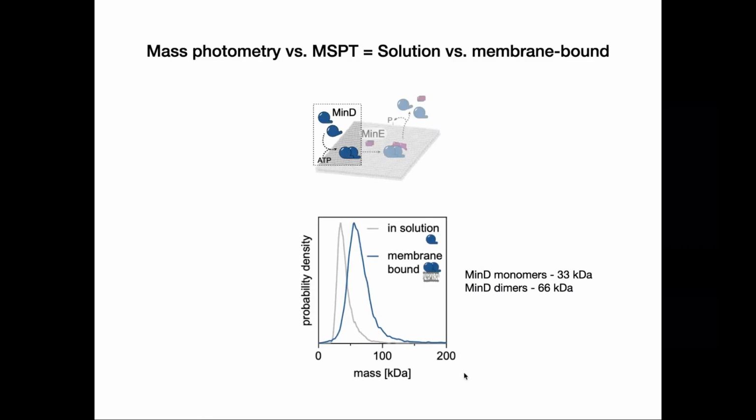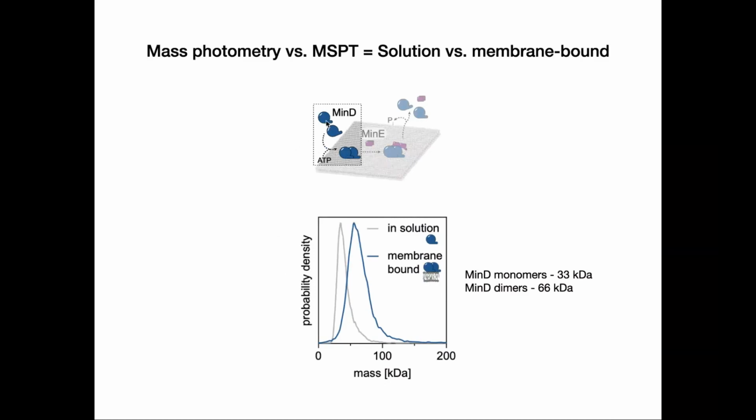Now, with a well-calibrated system, we went on and tried to systematically probe the MinD reaction cycle. So starting with it, we compared the state of MinD in solution as compared to how it assembles on the membrane.